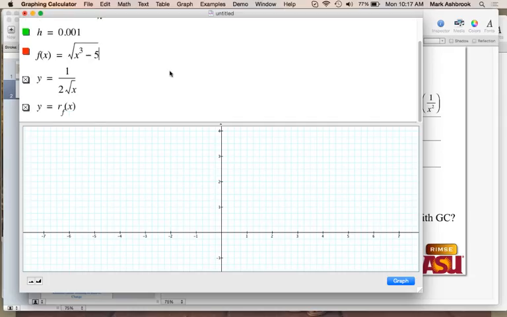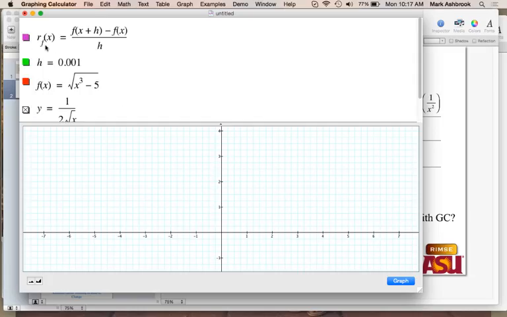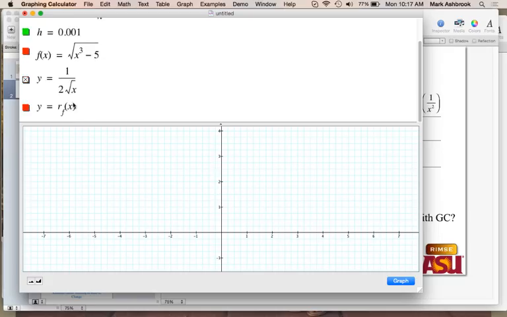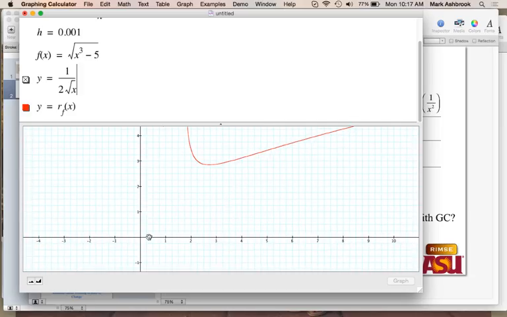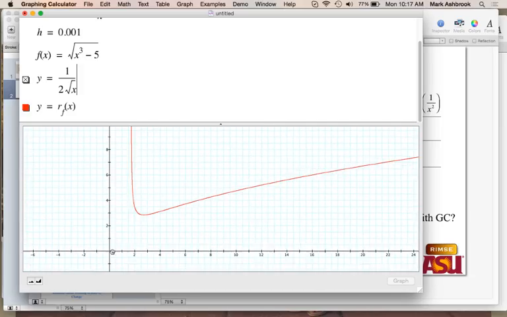So we're going to graph that. We'll graph it red. I'm graphing the trusted form now. I'm graphing r sub f, which is in the form f of x plus h minus f of x over h for a small h. So we know this is correct. We know for sure that is the rate of change function for that function we called m before.